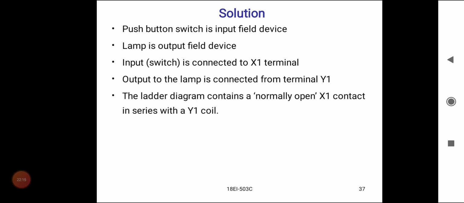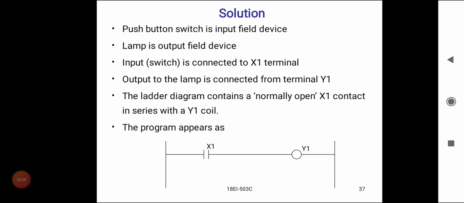The ladder diagram contains a normally open X1 contact in series with a Y1 coil. The program appears as X1, an input contact, input device, and Y1, an output device. It is a normally open contact in series with the coil.